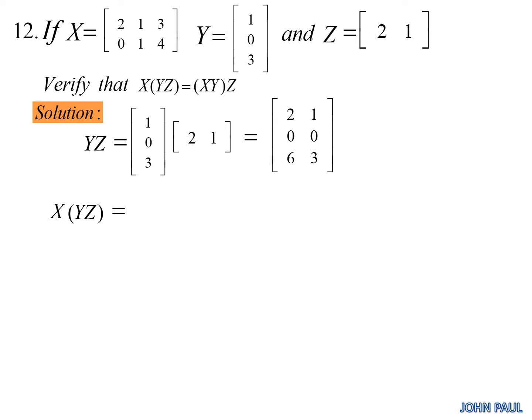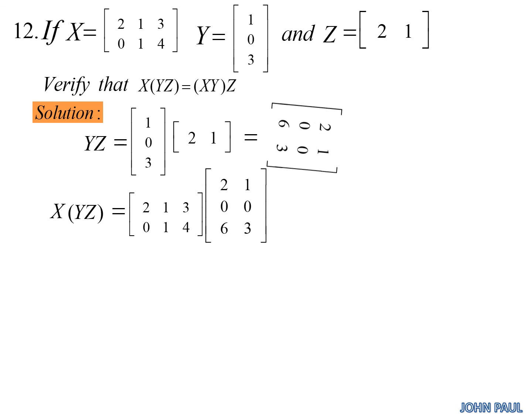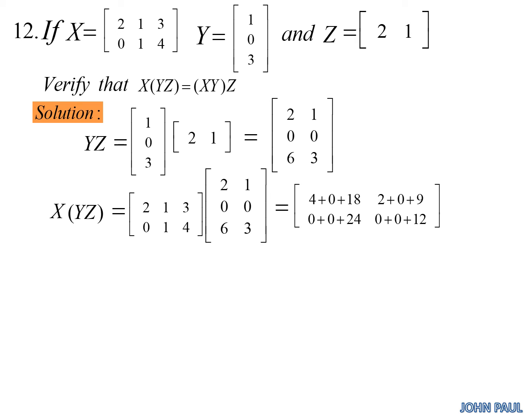X into YZ: substitute the matrices X and YZ. By multiplication, we get 22, 11, 24, 12.